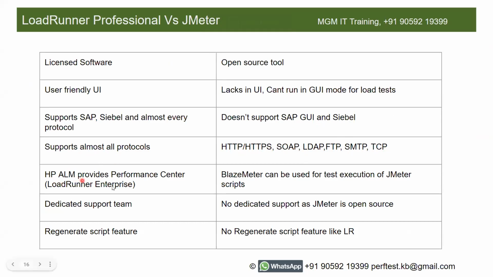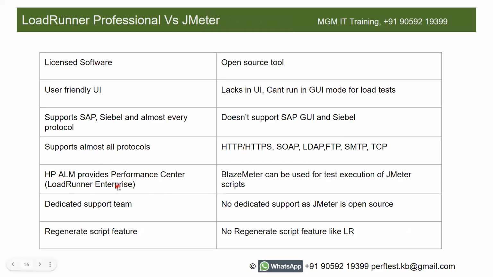And HP ALM provides Performance Center. Guys, Performance Center is called LoadRunner Enterprise from last year. They are calling Performance Center LoadRunner Enterprise, and we don't have a trial version for this. Please remember that.